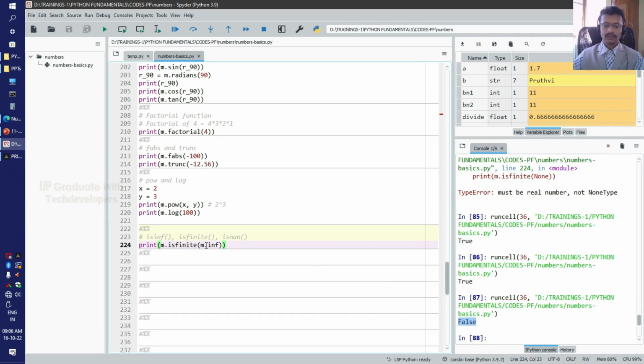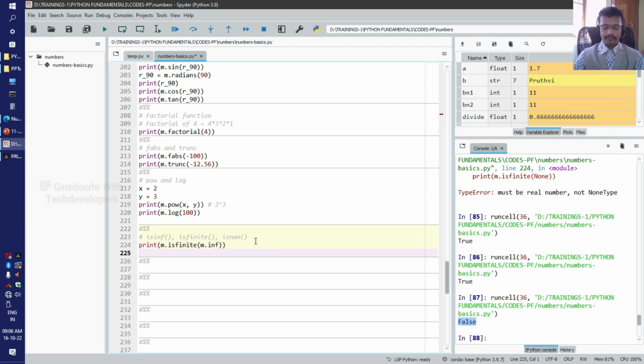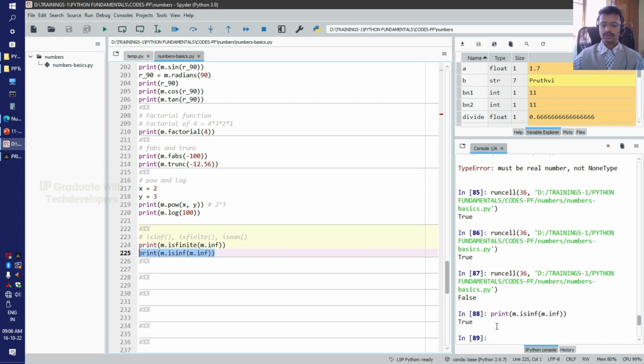If we use this math.inf inside math.isinf instead of isfinite, then we will get true. Yes, we got true.